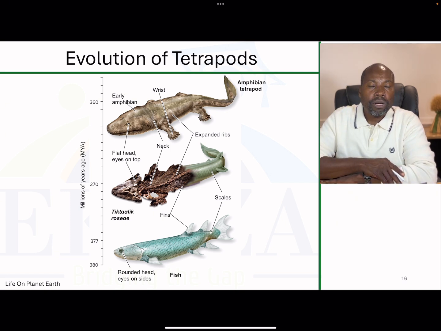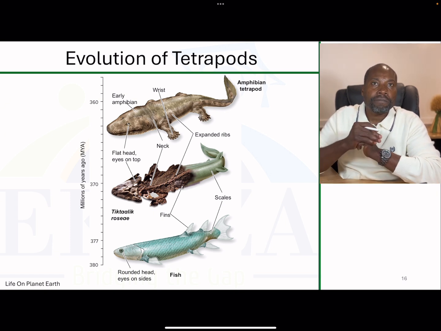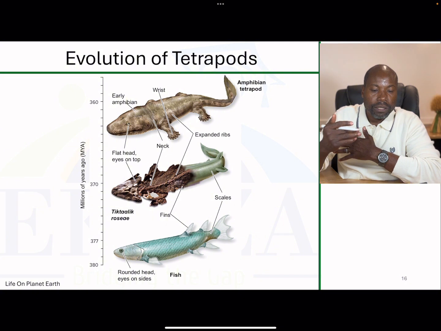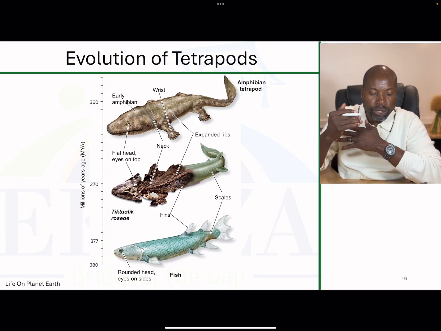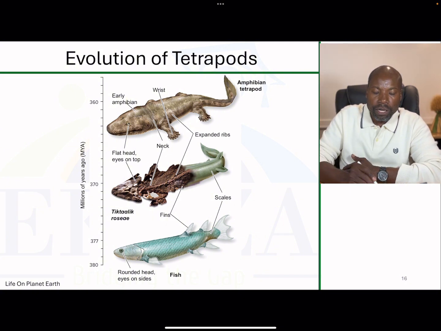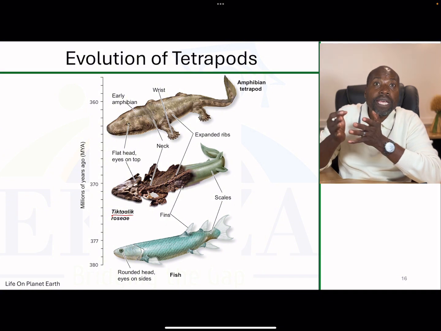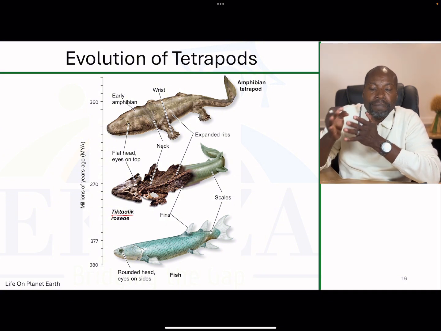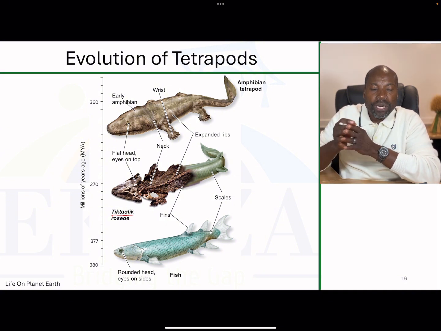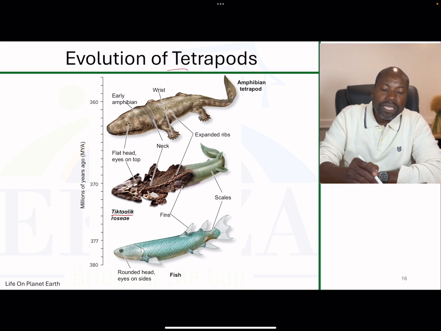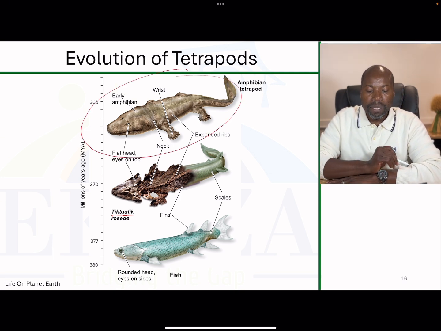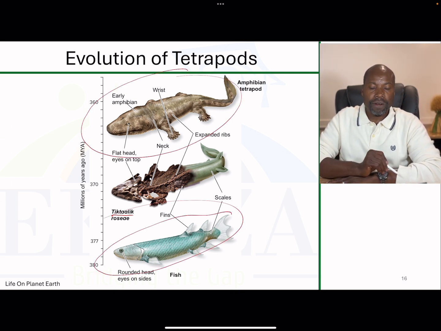Here is another witness of evolution in terms of fossils. When you consider Tiktaalik roseae, it actually shows to be somewhat of a hybrid between potential amphibians here and fishes here.